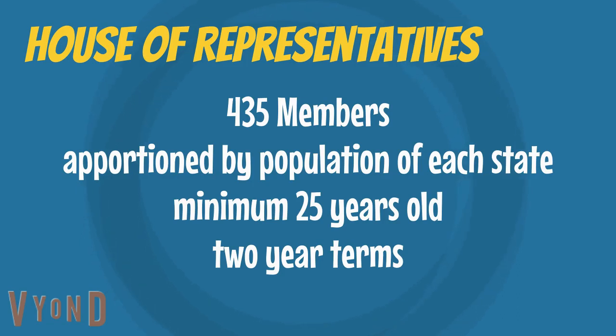So some states have 1, and California has 45, and that's because everybody gets at least 1, and then we divide the 435 up as close as we can to the population of the United States. So you can take 330 million people, divide by 435, and that kind of gives you the layout of how many there should be. But remember, there's got to be at least 1 in each.